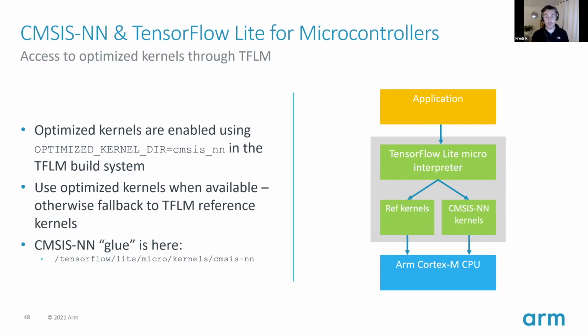If you look at the block diagram to the right, you will see how an application calls into the TensorFlow Lite for Microcontrollers parser, or the library, which then dispatches the compute to either reference kernels or optimized kernels, depending on availability.